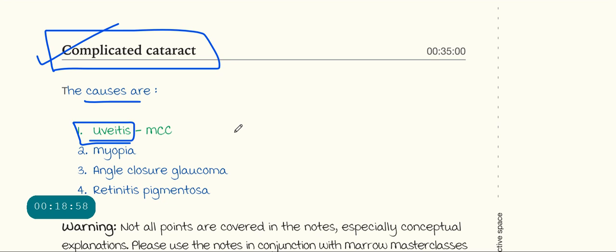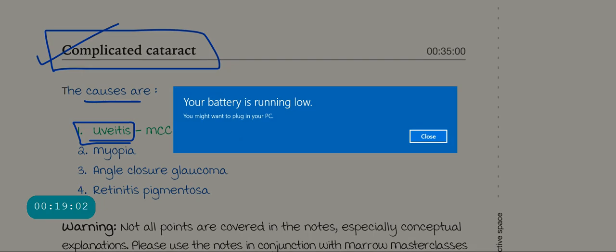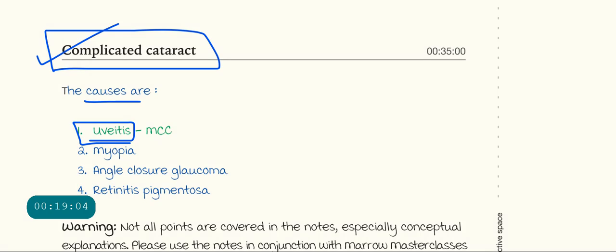It could also be due to myopia. It can be due to angle closure glaucoma. So the most common cause is uveitis, then myopia, angle closure glaucoma, and the last cause is retinitis pigmentosa.